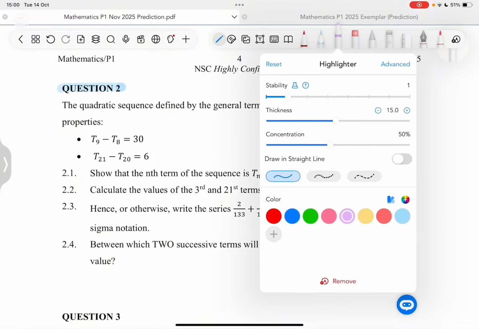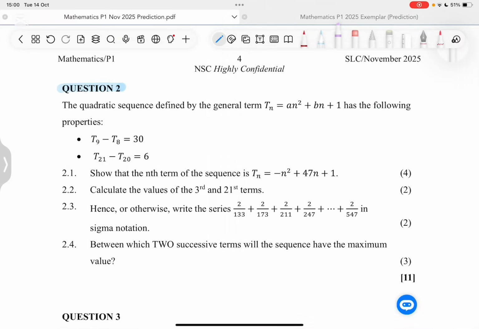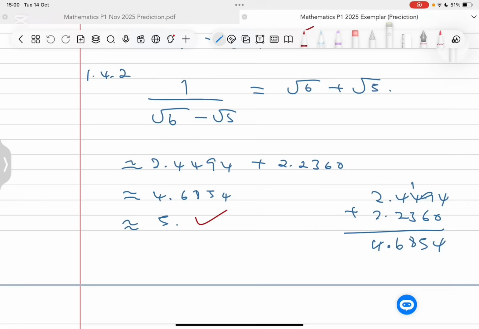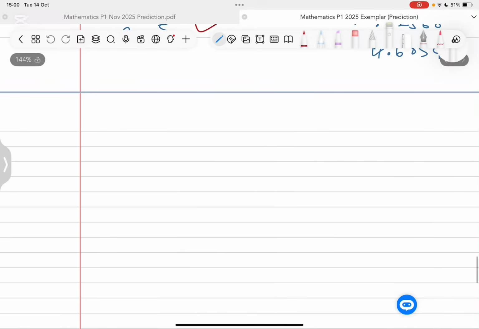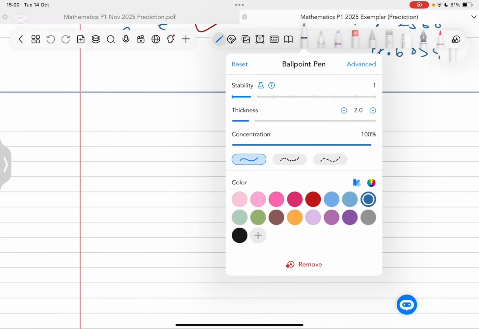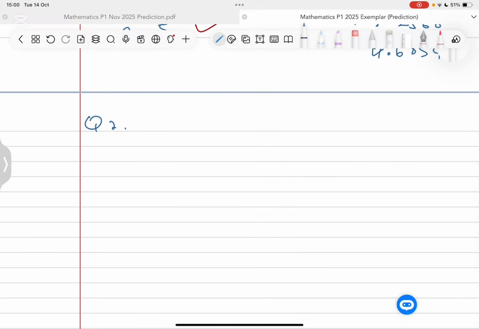We are told here that the quadratic sequence defined by the general term given by this formula has the following properties. They say T9 minus T8 is equal to 30, T21 minus T20 is equal to 6. Now, if we write all this down, just for us to be able to break this question down, we have a quadratic sequence.